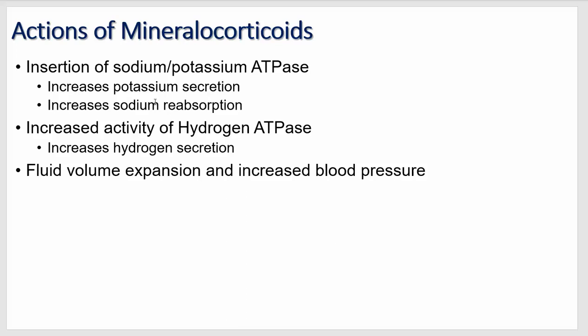Increased activity of hydrogen ATPase. Okay, so that increases hydrogen secretion. Okay, so what is that going to do to blood pH? If we get rid of hydrogen, it's going to make it more alkaline, which means it's going to increase pH. Okay.